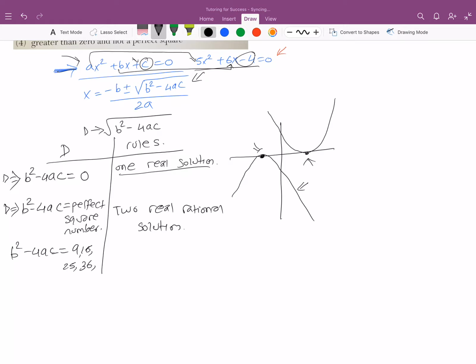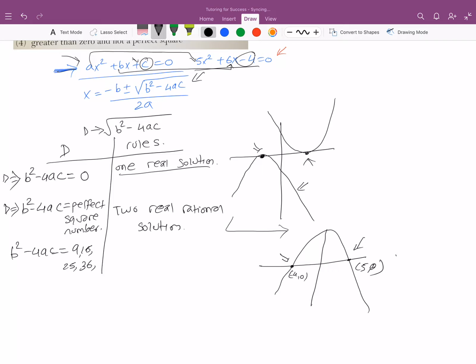Let's do that. I'm going to draw my graph here. In terms of graph, it'll look something like this. So one you have here, one you have here, and for example, (-4, 0) and (5, 0).